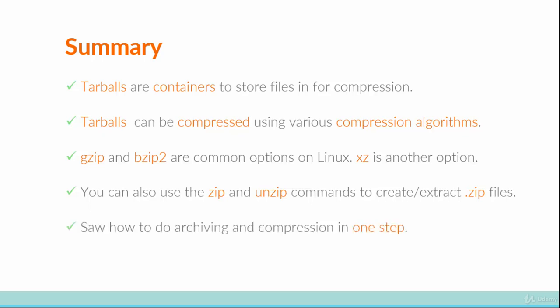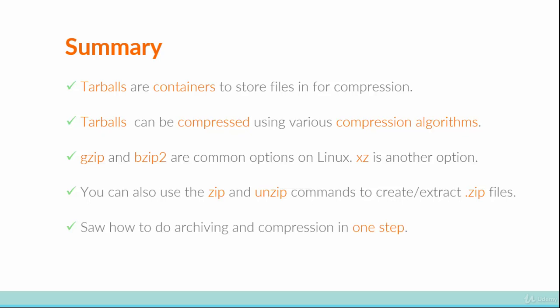Okay, and you saw as well how to not just do making the tarball and then compressing in 2 steps. You saw how to do archiving and compression in just 1 step using a variety of shortcuts, and all that stuff is in the cheat sheet that you can find in the resources section for this video if you ever need a refresher. Okay, it's all very simple, and once you look at the cheat sheet, probably you'll be able to see the pattern, but it's really quite simple stuff once you've done it once or twice.